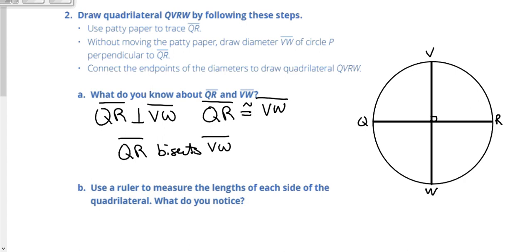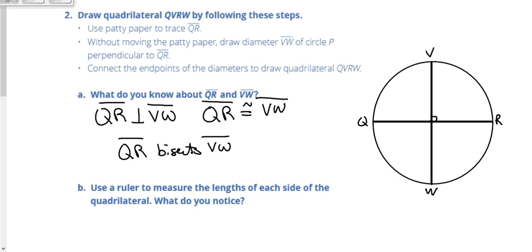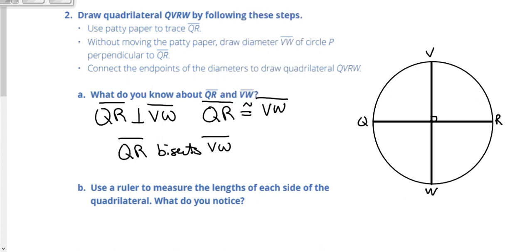And we need to connect. Forgot to connect our endpoints. Jumped ahead. So we're going to connect our endpoints here, Q to V, because we got to measure them. V to R, R to W, and W to Q. Okay.